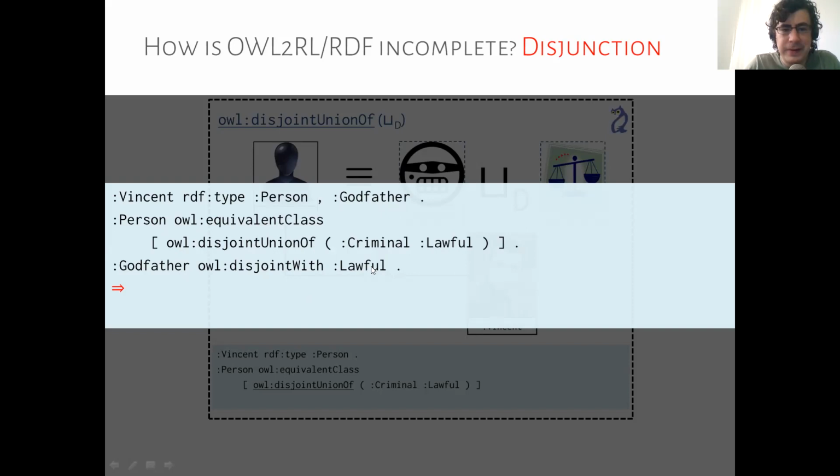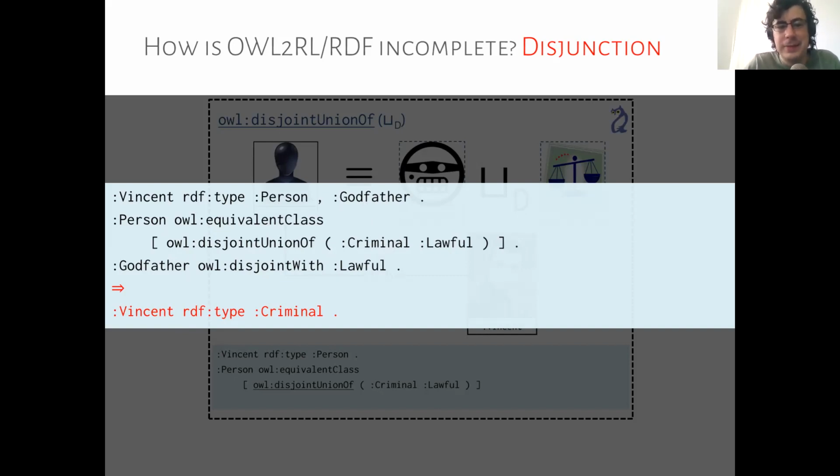If we think about it, we know since Vincent is a person that he must be either criminal or lawful. And he can't be lawful because he's a godfather, right? So what we can entail here is that Vincent is of type criminal, right? It's the only other option. We sort of rule out this option here. So the only other option that's left is that Vincent is a criminal.